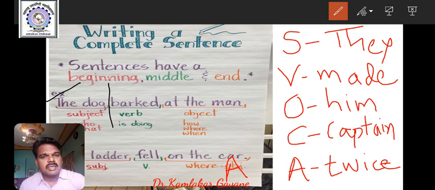But in imperative sentences, like open the door, the subject is hidden, the subject is implied. When we say close the window please, the sentence begins with a verb, but actually the full implied sentence is you open the door. In imperative sentences, you is the implied subject.